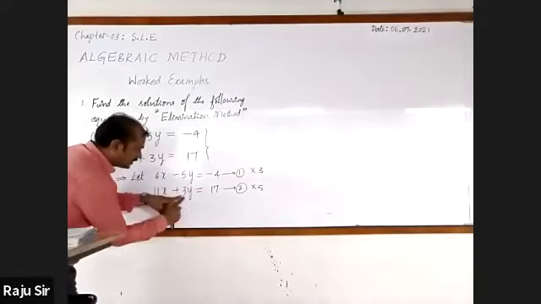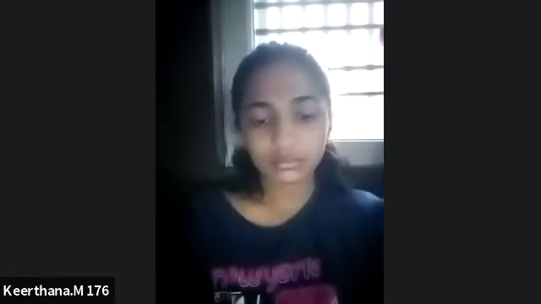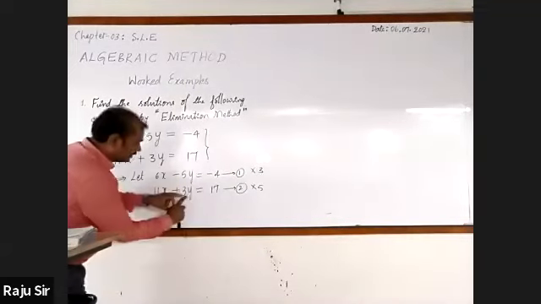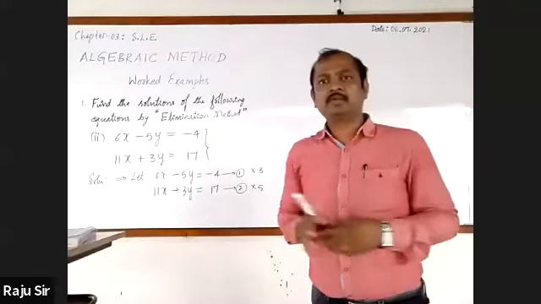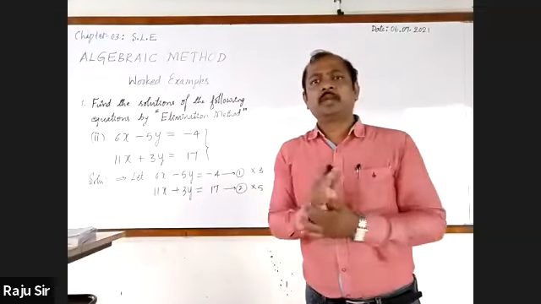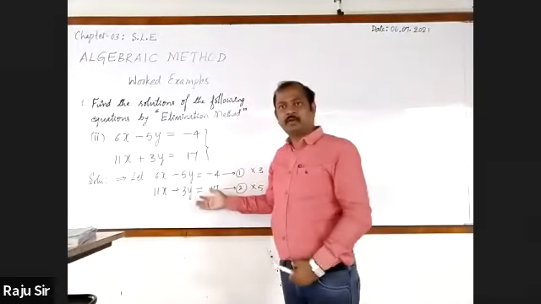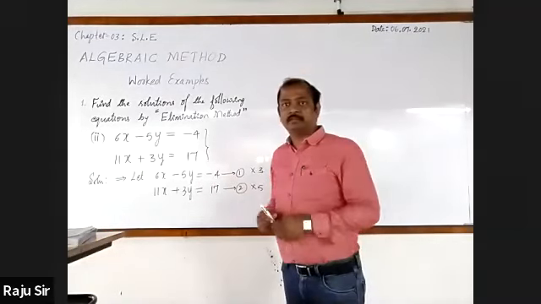Next, the coefficient of y in the second equation to the first equation. Now observe, 5 3s are 15 and 3 5s are 15. Sir, we can also equalize the x term now, by multiplying by 11 and 6, sir. Certainly, we can do that. I told you, you can equalize either x term or y term. But as one student said, let's go for y, so I am equalizing the y term.